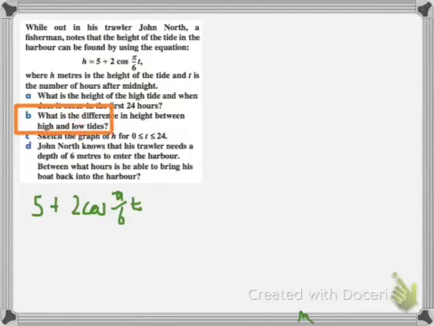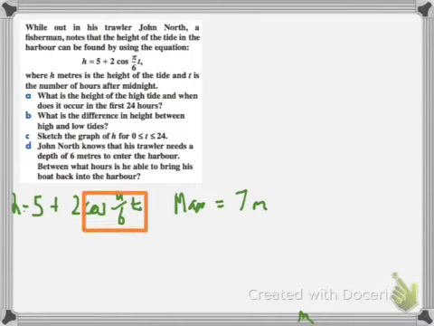Question B asks us for the difference in height between high and low tides. So here's our equation, h equals 5 plus 2 cos pi on 6t. I've already worked out that maximum height equals 7 metres in the previous question. Now minimum height is going to occur when that expression equals negative 1, because cosine and sine graphs have a maximum at 1 and a minimum at negative 1.